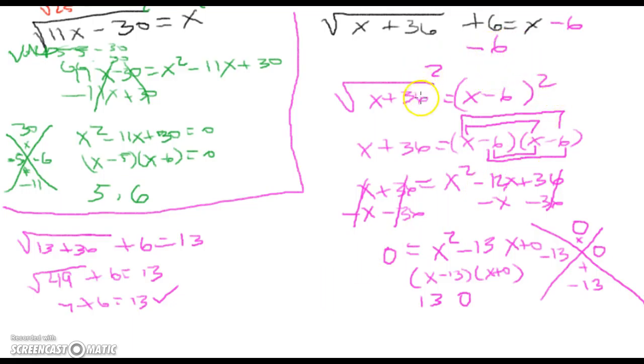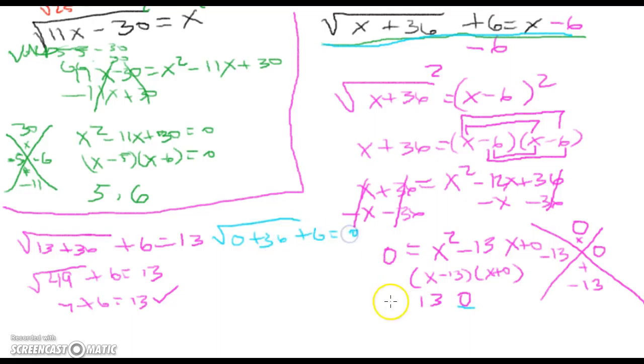I'm going to change colors, but this is still the same problem. Using this idea here, I'm going to go ahead and say my other solution is 0. So the square root of 0 plus 36 plus 6 should equal 0. Well, that would be the square root of 36 plus 6 should equal 0, which would be 6 plus 6 should equal 0, which means 12 equals 0.